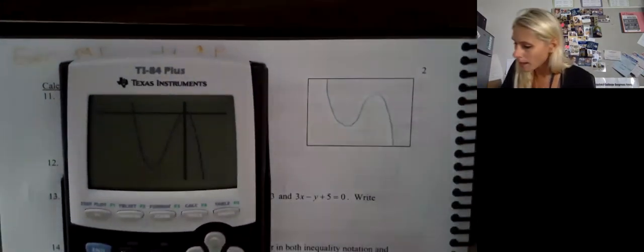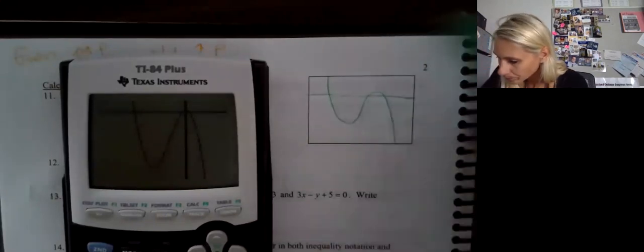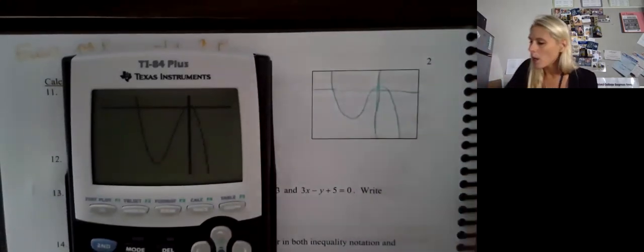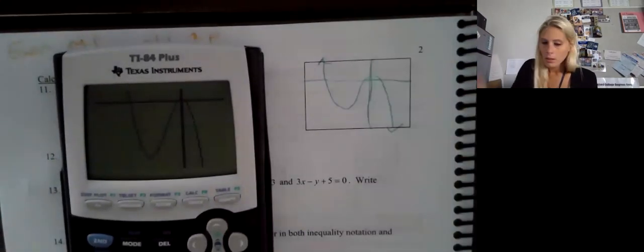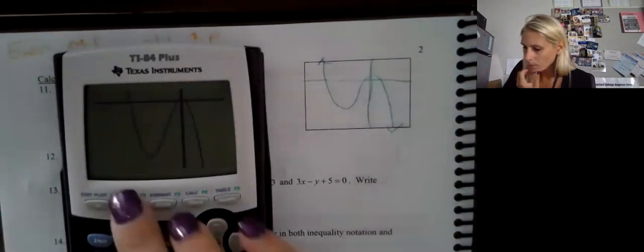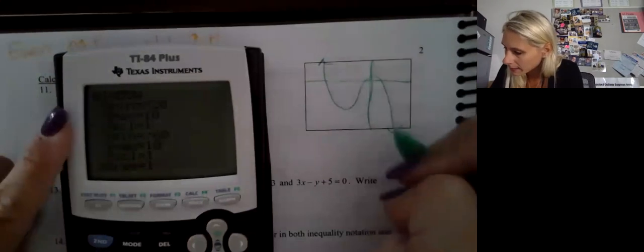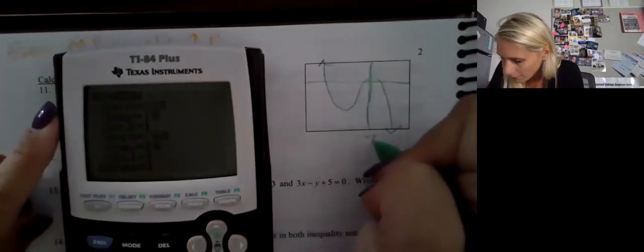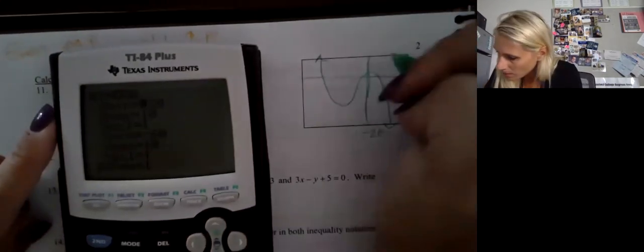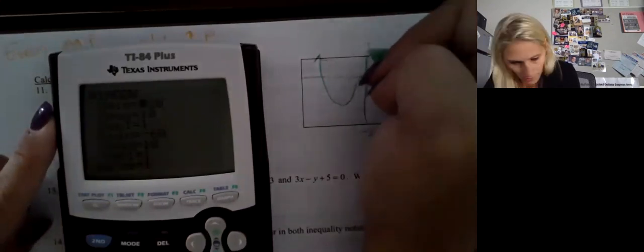I also know that this is really close to the x-axis there, and then it looks like it's right here at the y. Now, I am also going to label what my boundaries were. If you remember, on x's we went from -20 to 10.